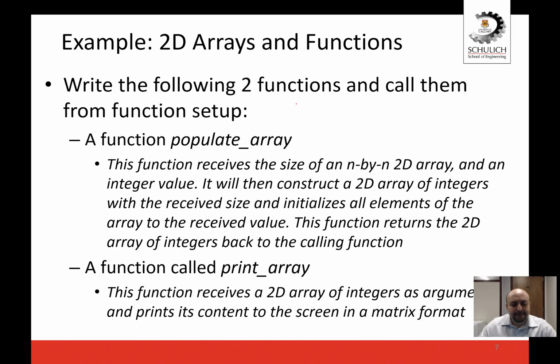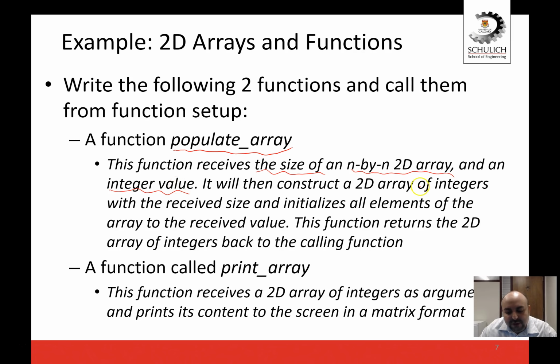So the first function is populate array. Populate array receives the size of a 2D array and an integer value. It will then construct a 2D array of integers, and it's supposed to be n by n, so number of columns and rows are the same. So you're receiving the size of the matrix and also an integer value.